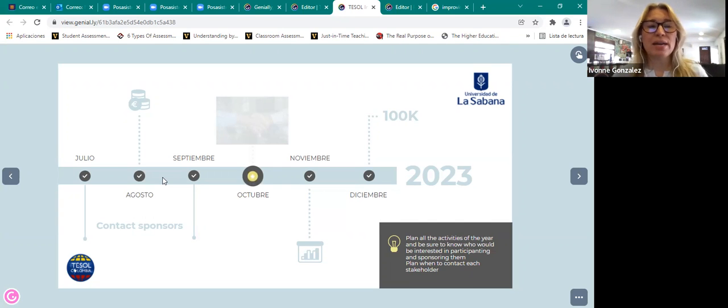So make a timeline and know exactly when you are going to launch a promotion campaign, when you are going to upload more information to the website, when you are going to contact stakeholders and sponsors, when you're going to send letters, etc. Because everything has to be planned and carefully prepared. So nothing comes as the result of improvisation. You have to plan in advance.